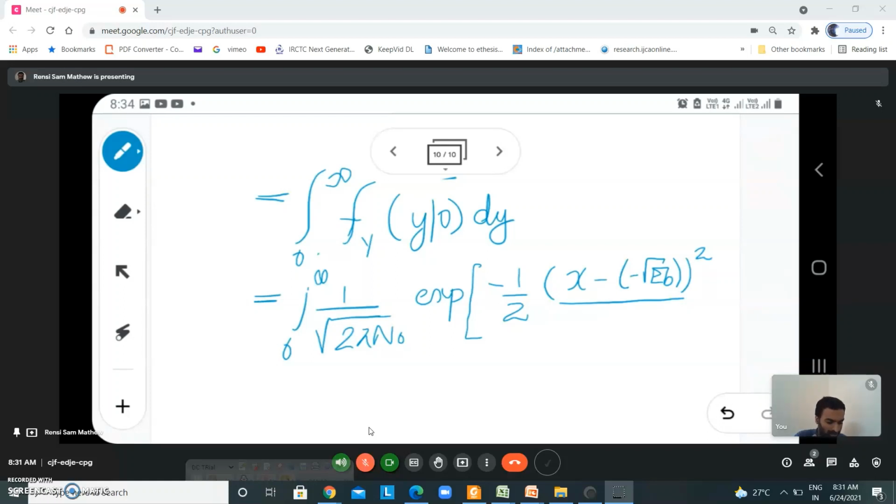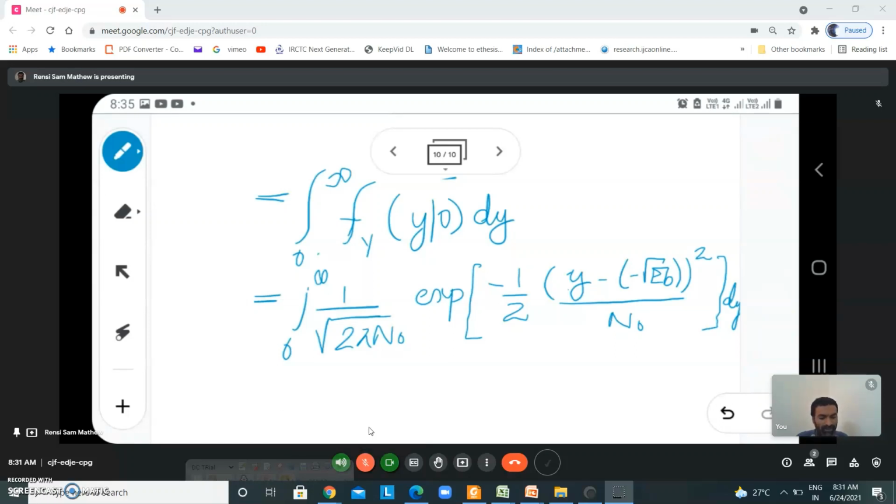And then I have dy, right? Sorry, here it is not x, here it is y, because for the time being we are considering y. So when you simplify it, it will become y plus square root of Eb, the whole square.